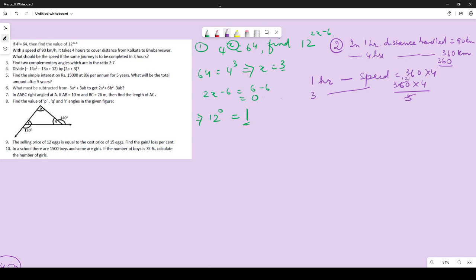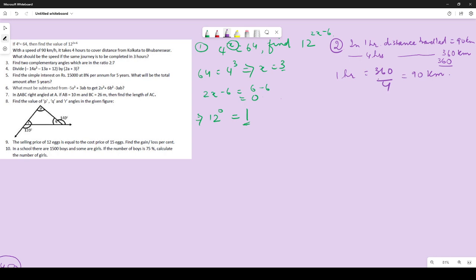Sorry. Distance to be covered is 360. So in 1 hour, the speed is going to be 360 by 4, which is 90 kilometers per hour.